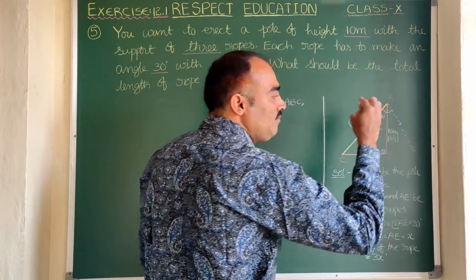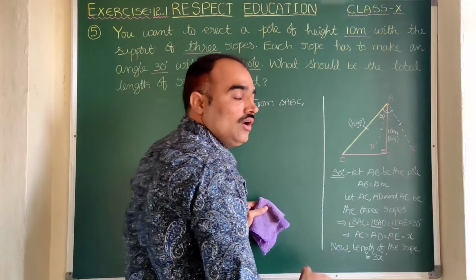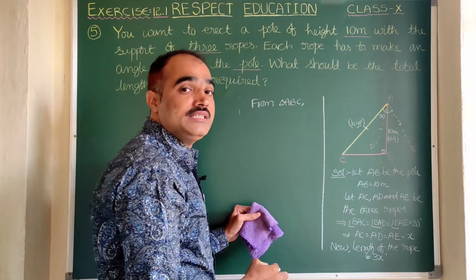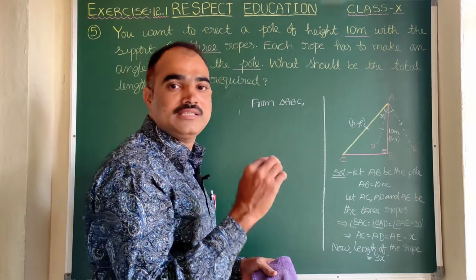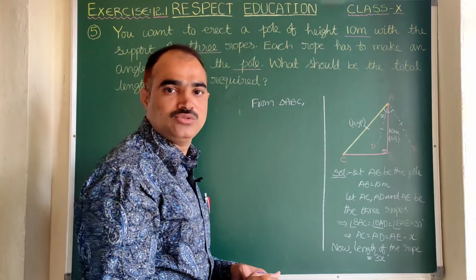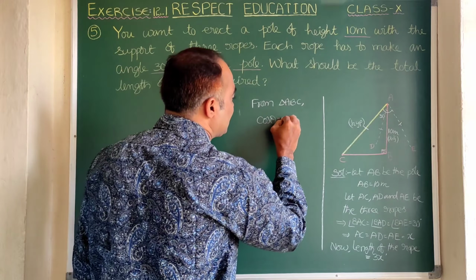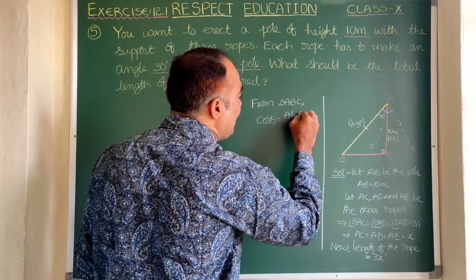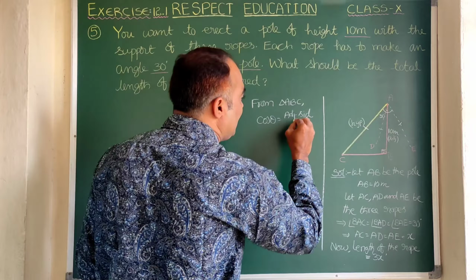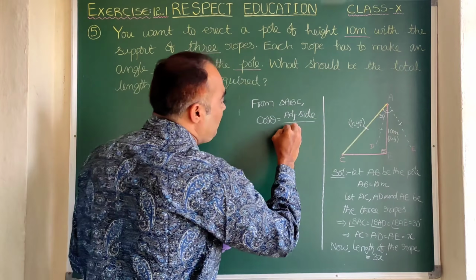Adjacent side is given, angle is given, and now we need to find the hypotenuse. Which trigonometric ratio is suitable here? Cos theta or secant theta, either is suitable. So here I am taking cos theta. The formula of cos theta is adjacent side by hypotenuse.